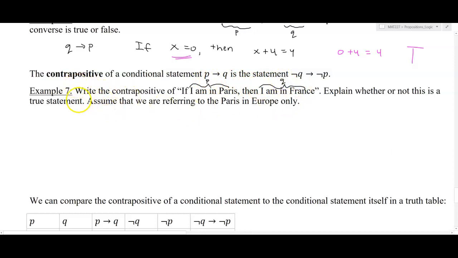And to write the contrapositive, which would be if not Q, then not P. So if I write if I am not in France, that would be the negation of Q. I am in France is Q, so not Q would be if I am not in France.